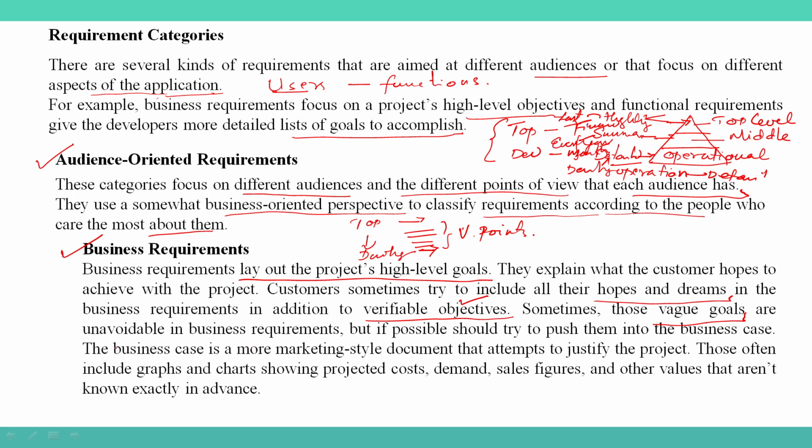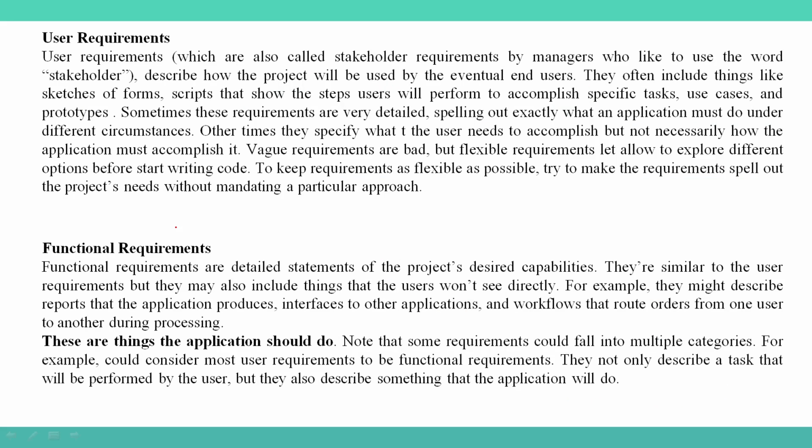Sometimes people will ask for different types of reports, like graphs, comparative graphs, etc. They will also sometimes ask for different formats. So we have to look into how these requirements are. So the first, the business requirement, is the high level goal of the business. Then second is the user requirements, what the user requires.